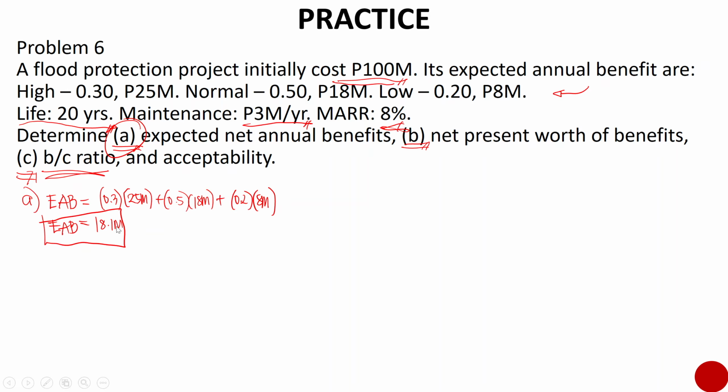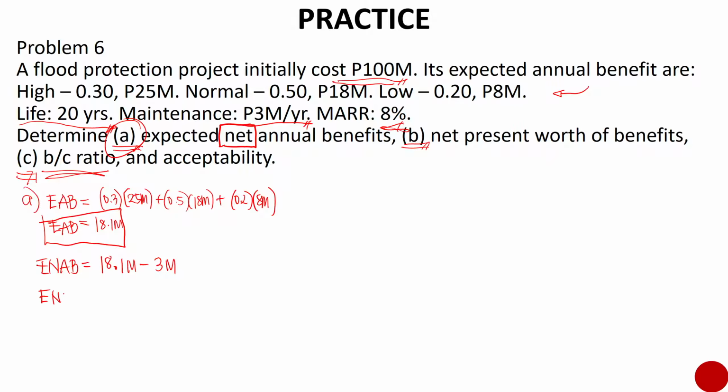So if this is our expected annual benefit, our expected net annual benefit, this is the net. We just subtract our annual maintenance cost, that is 3 million pesos.